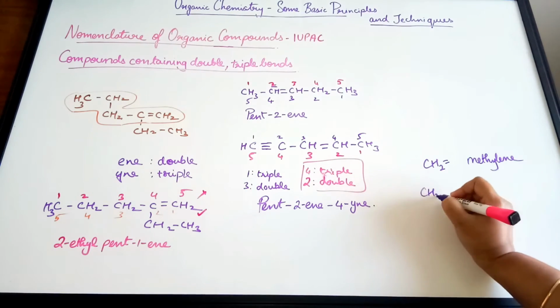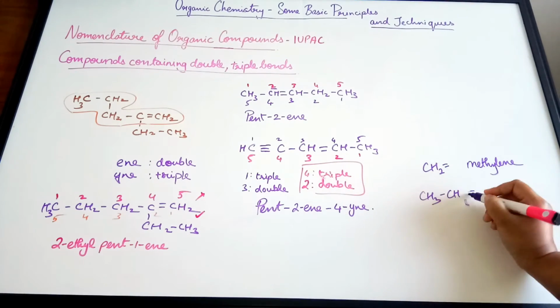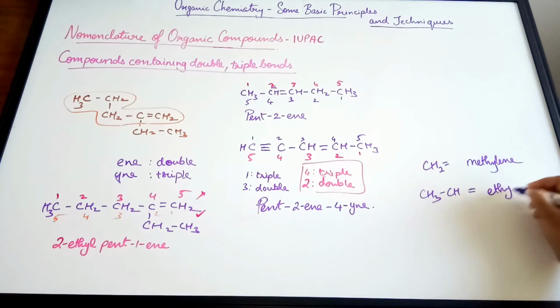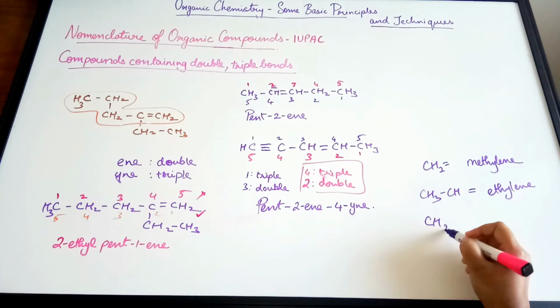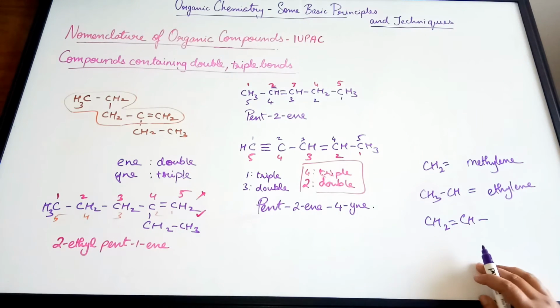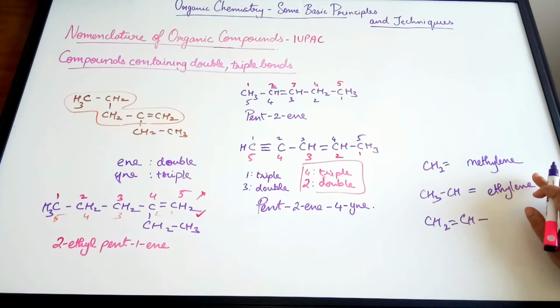And if it's C2, let's expand and write it. Suppose it's CH3, CH2, CH, then it is an ethylene group. Suppose the double bond is present between these 2 carbons instead of the one which is joined to the main ring. Oh, sorry, this is ethylidene.